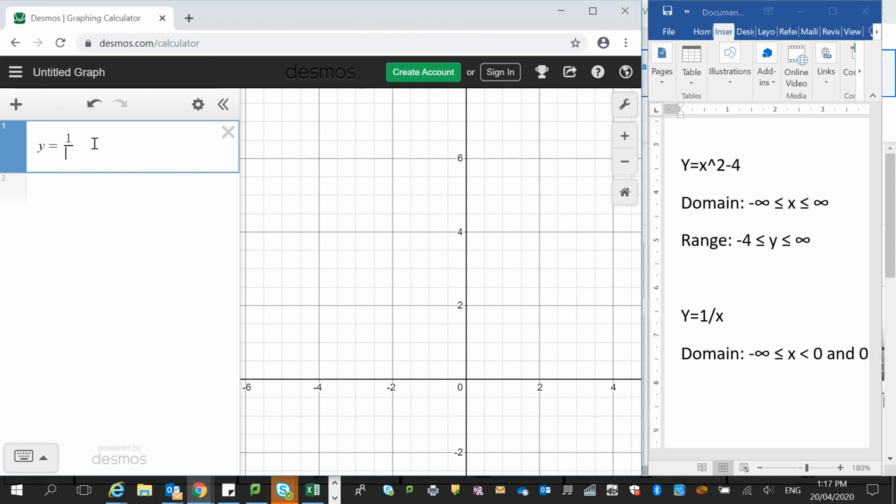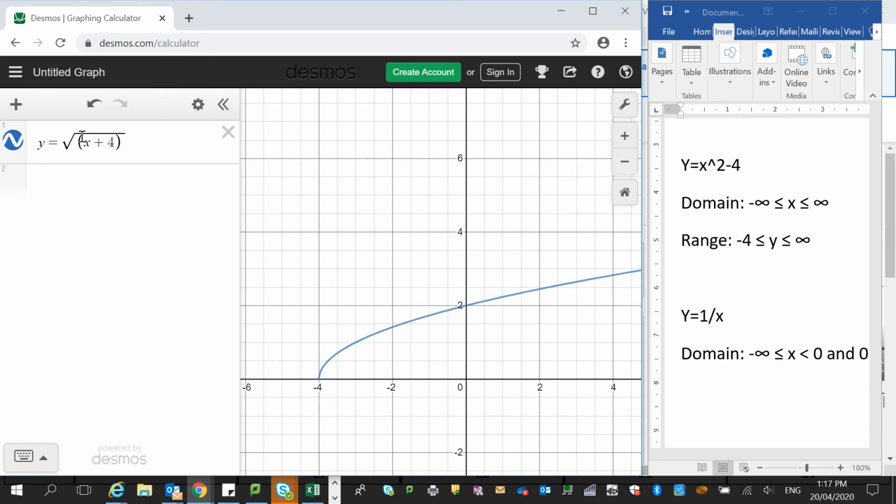Now, in the example I gave you, was it x plus 4? Yes, it was. With the example I gave you, you can see here that if x is negative 4, then the square root of negative 4 plus 4 is 0. Okay? So that's fine.